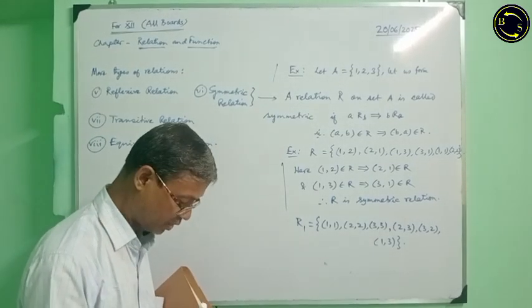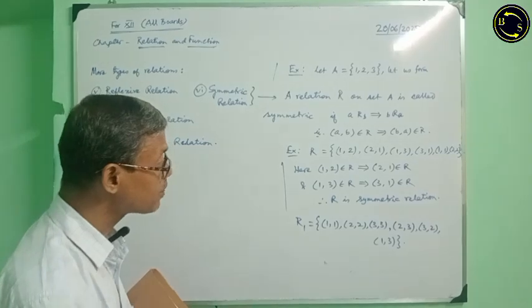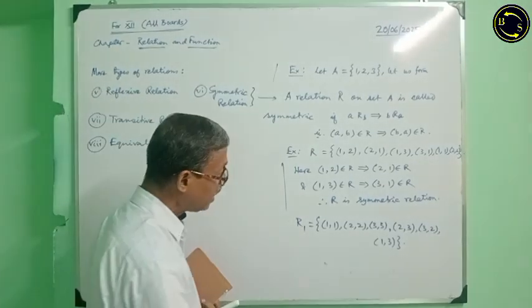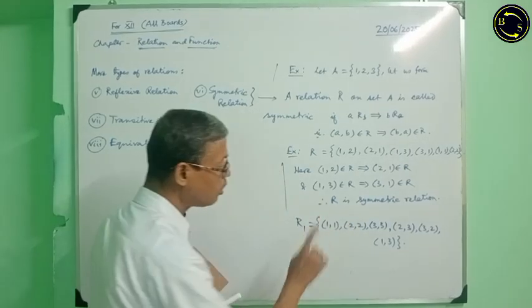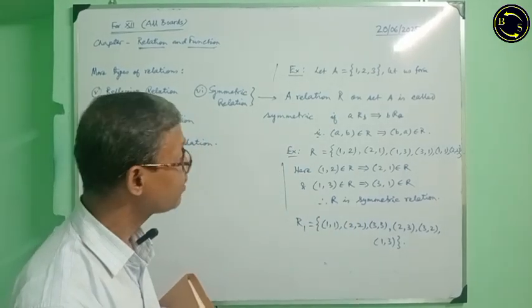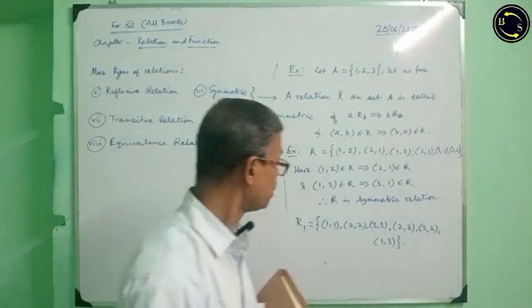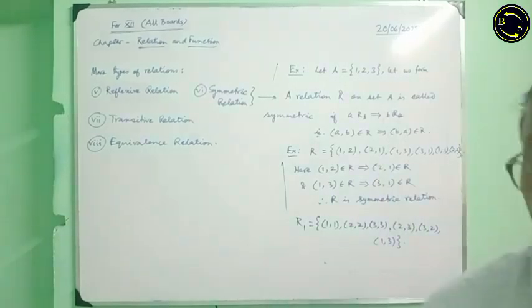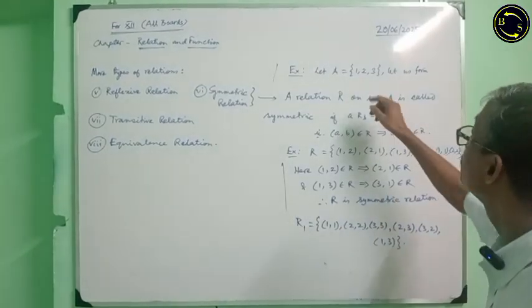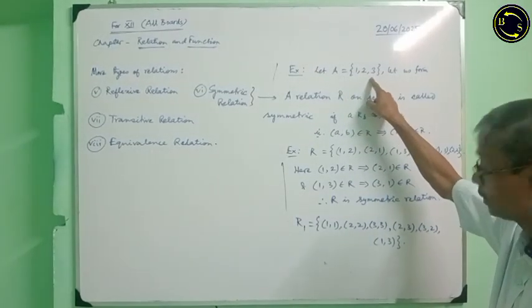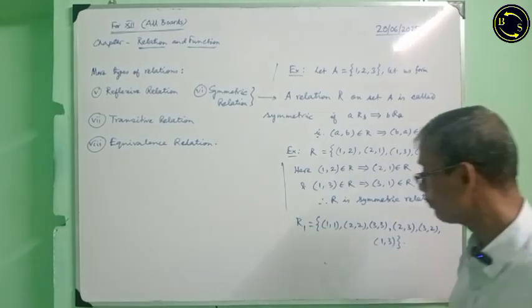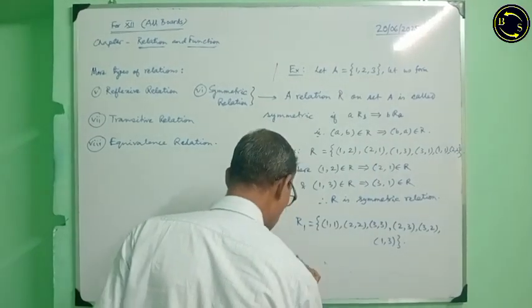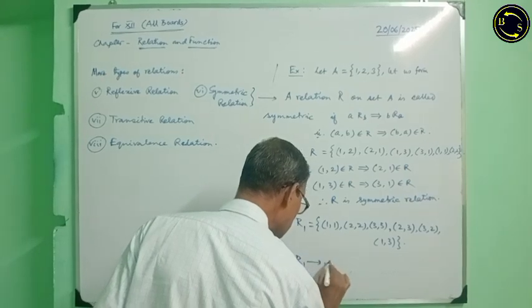Now let me discuss whether it is reflexive and symmetric. As (1,1), (2,2), (3,3), all these three ordered pairs have equal components, that means (1,1), (2,2), (3,3) are present, therefore R1 is reflexive, no problem.